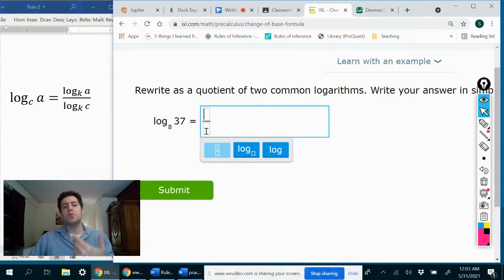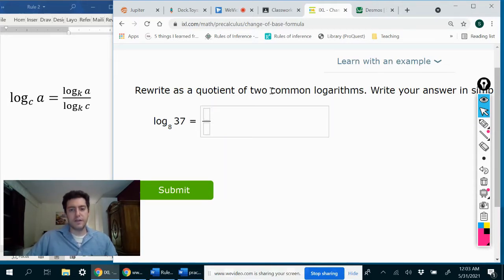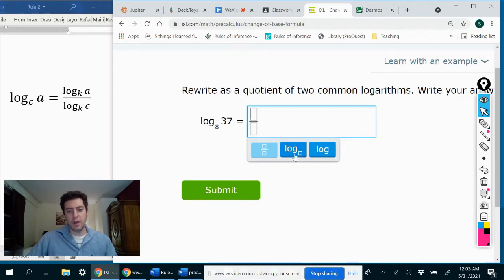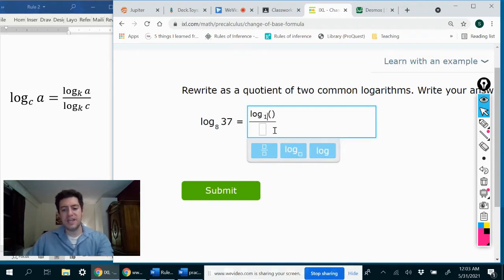And then the question is, what base are we going to use? And IXL for this problem is telling us to use a common logarithm, which means base 10. So we're going to put the log to base 10 of 37 over the log base 10 of 8.